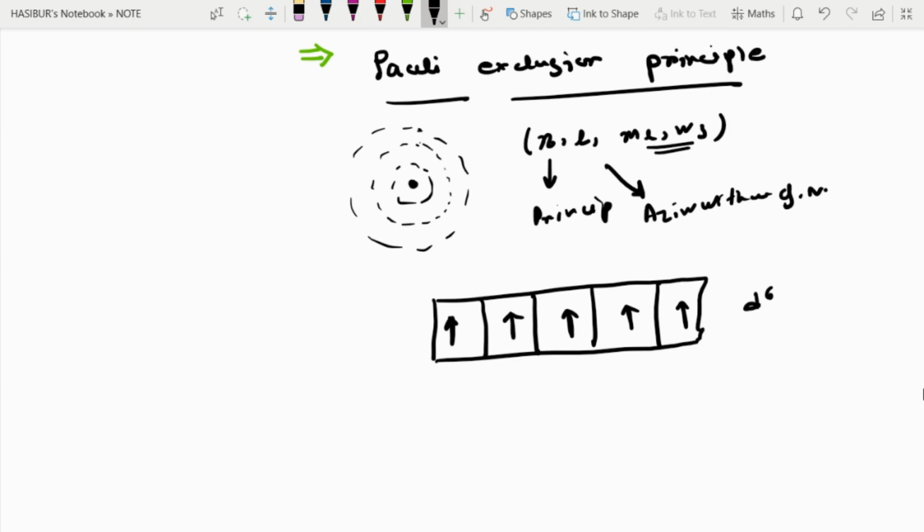First we need to place them, and then there is another down-spin electron. You can see that in an orbital there will be a maximum of 2 electrons, not more than 2. This is due to the Pauli exclusion principle.